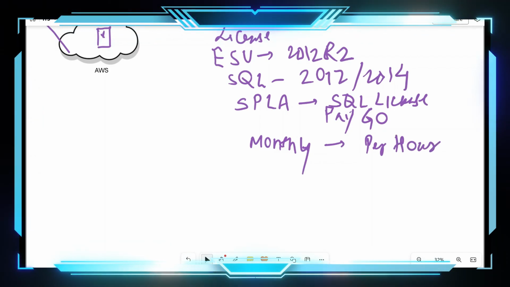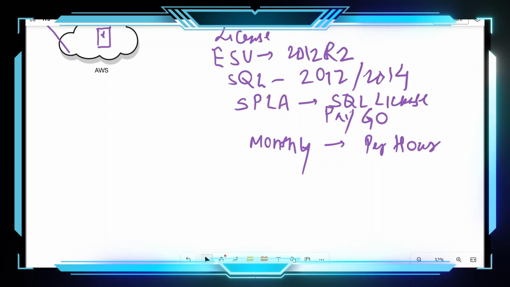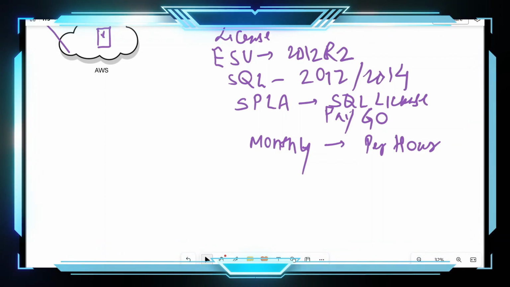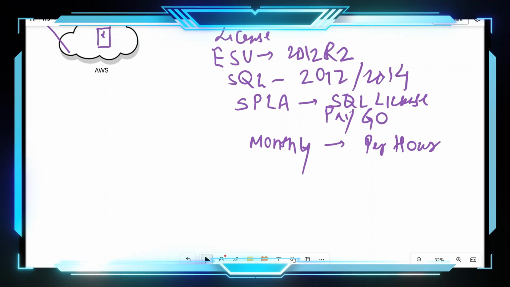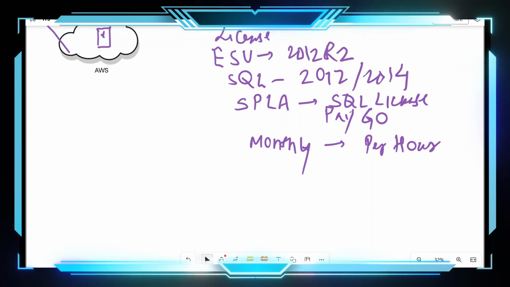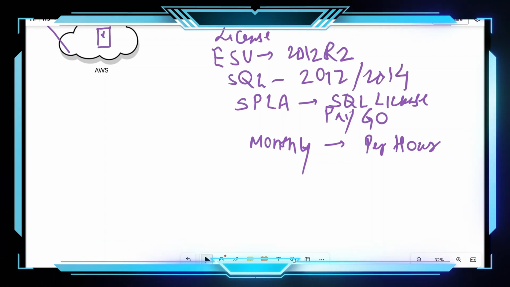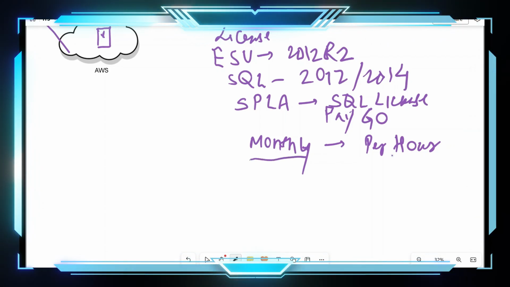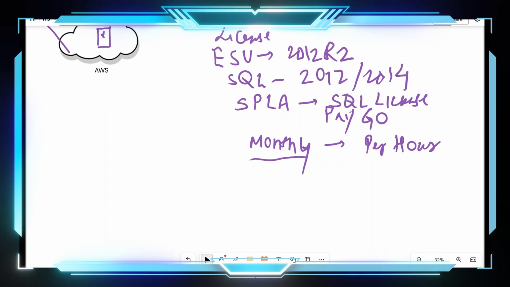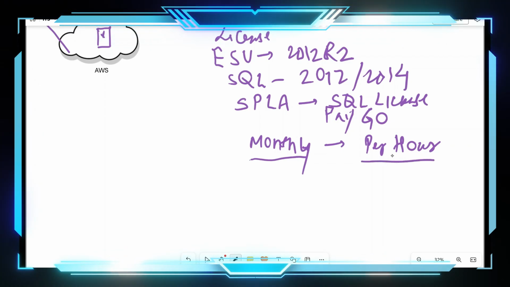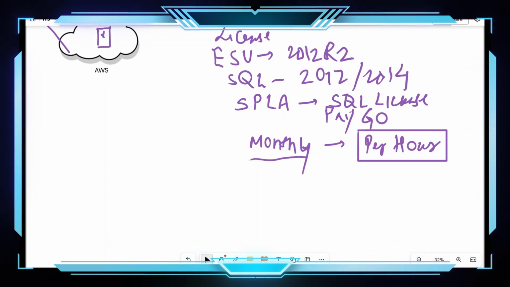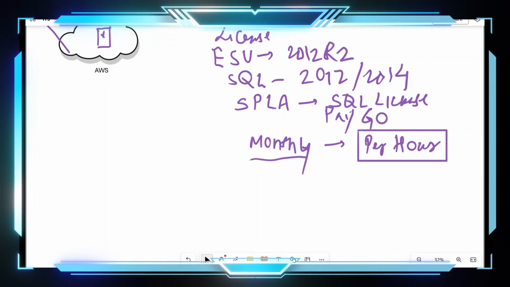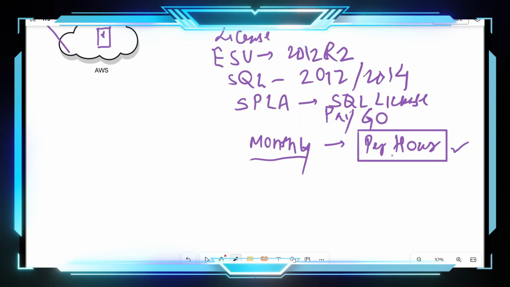So let's say there's a company which wants to utilize the service only for, let's say, a couple of days in a month, right? Or maybe a couple of weeks in a month, not entirely for 1 month. So as I mentioned, with SPLA, you have to have at least 1 month of billing, whereas with SQL pay as you go enabled through Azure Arc, it's going to be per hour. So that's a great case scenario for those kind of customers.